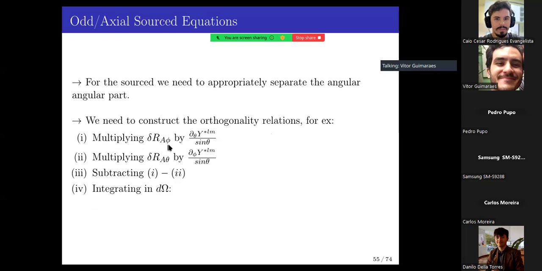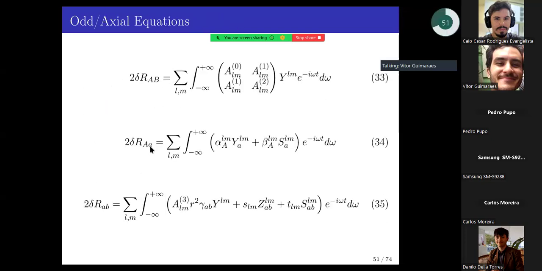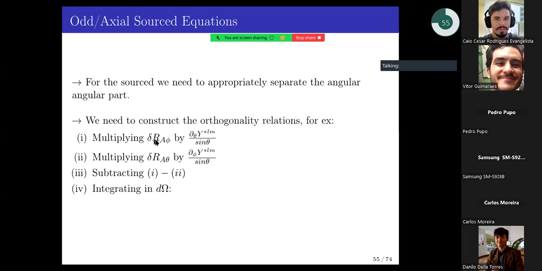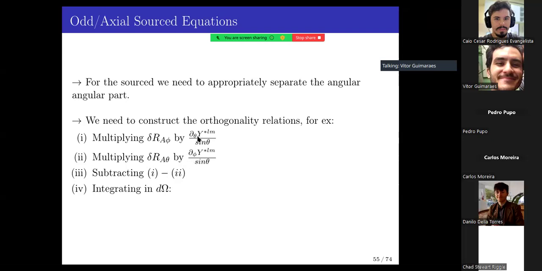If we take this vector here, which is part of the mixed tensor, and set a equal to phi, and multiply this vector by this element, which is the partial derivative with respect to theta of the complex conjugate of the spherical harmonic divided by sine theta, and then set a equal to theta and multiply by this element, which is the same as here, but the partial derivative is now with respect to phi, and then subtract these two expressions.